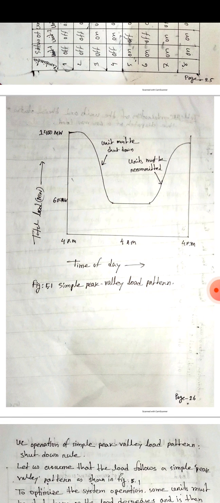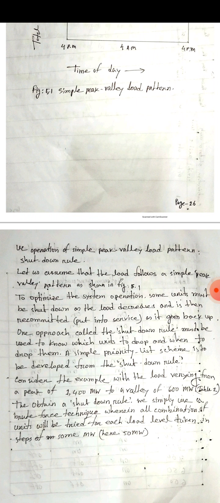This figure shows a simple peak valley load pattern. This topic is UC operation, simple peak valley load pattern, shutdown rule.